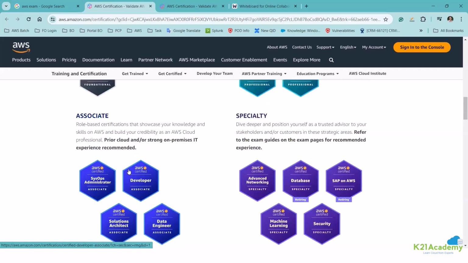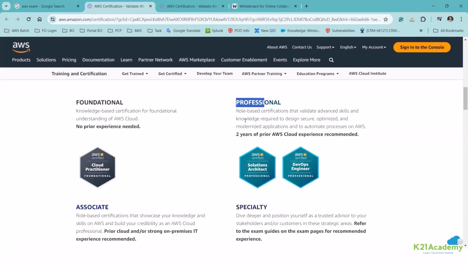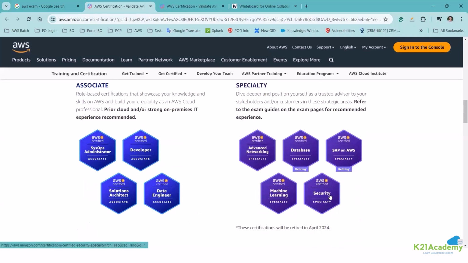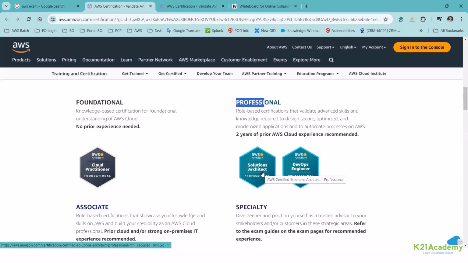Then, because my main bread and butter is security, I did not go directly to the professional. I jumped directly to the Security Specialty. First I completed the Architect Associate because I feel it is important, then I jumped to the Security Specialty. Recently I have also renewed my security certification because the validity is 3 years. Then I felt that I'm into training now and I need more certifications, so I jumped to the AWS Solution Architect Professional.